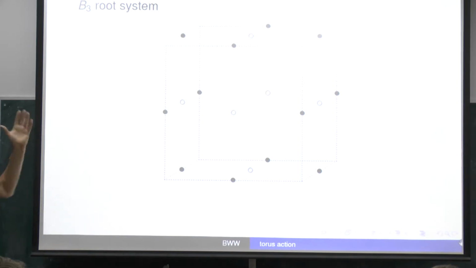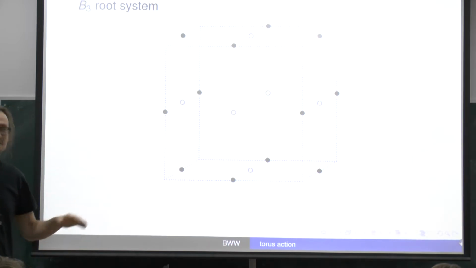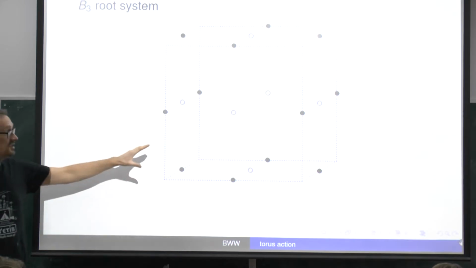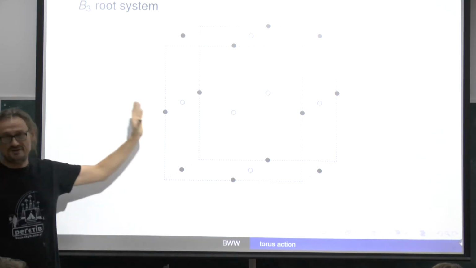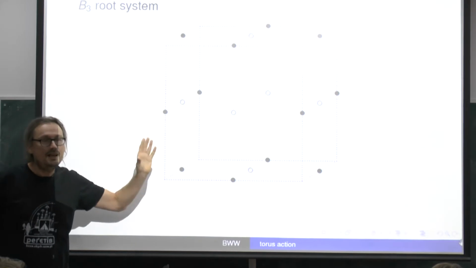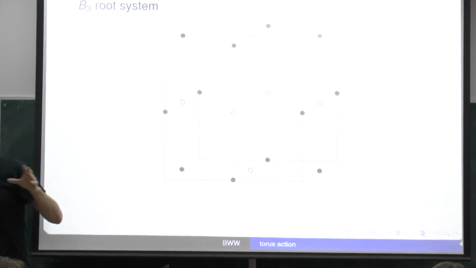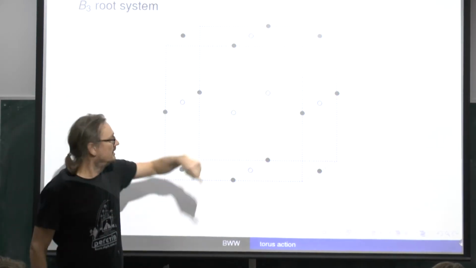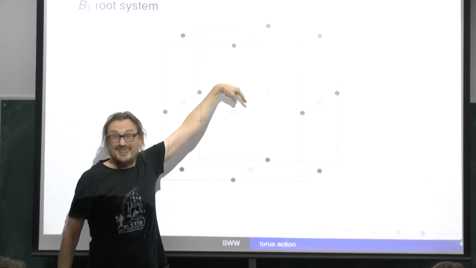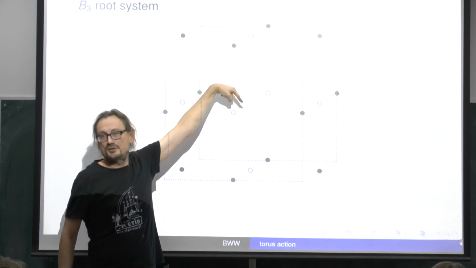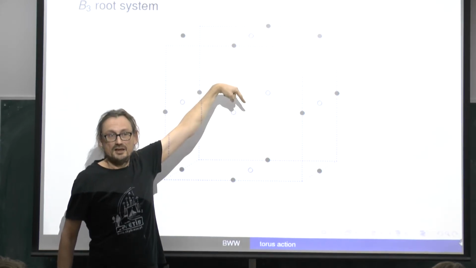I'm taking the B3 root system, which turns out to be one of these bad guys, which in the end you are supposed to work very hard to get done. And so, what's the B3 root system? These are the same as the weights of the maximal torus action, the Cartan torus action, on the adjoint representation. Well, except that I'm supposed to, but I didn't do it, have the point inside, which is associated to the Cartan subtorus. Are you with me?